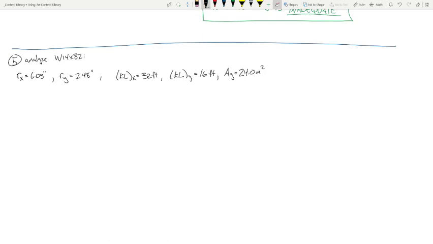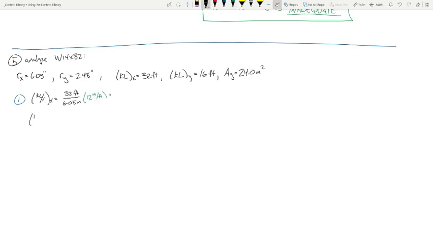So the first thing we're going to have to do is compute the KL over R for the x-axis. That's going to be 32 feet over 6.05 inches, but again, we're going to have to convert that.